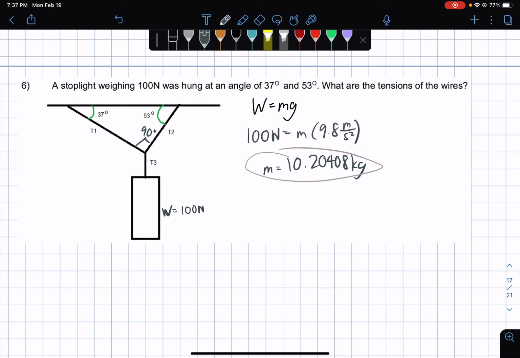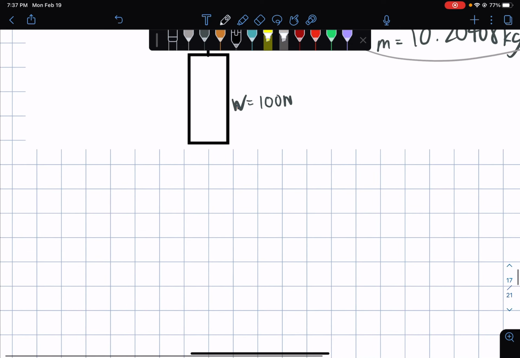Okay. Let's enumerate all of these: T1y, T1x, T2y, T2x.